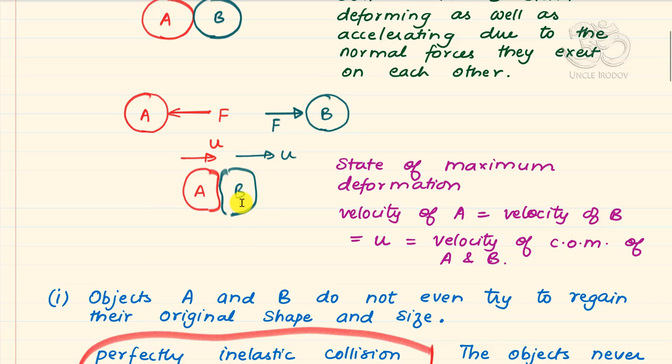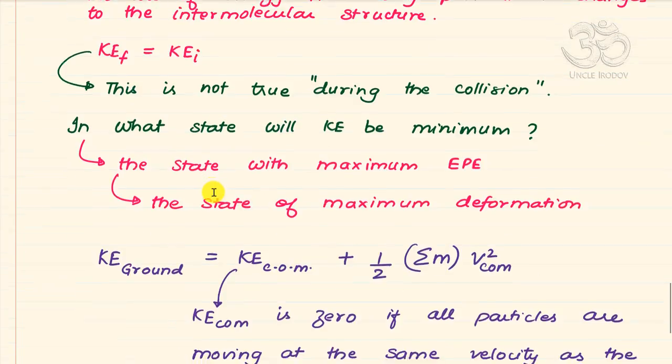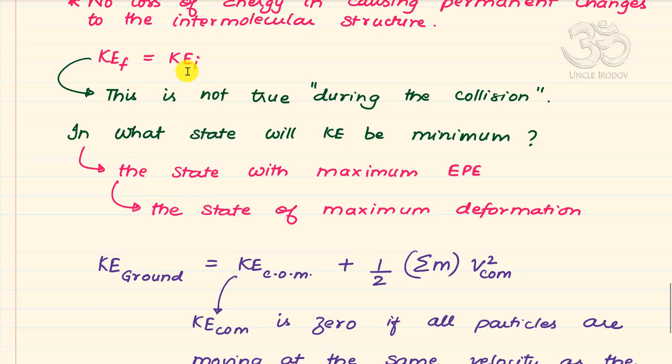And so it is in this state that some other form of energy is going to be maximum. That other form of energy is the elastic potential energy, and it will be later recovered as kinetic energy. But if they give you a sentence saying that KE at all times is equal to the initial KE, then you know that is definitely wrong, because during the collision that KE would have converted to elastic energy.